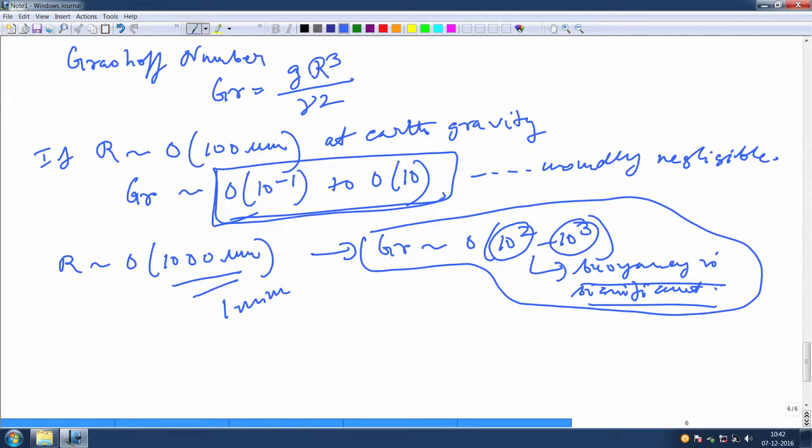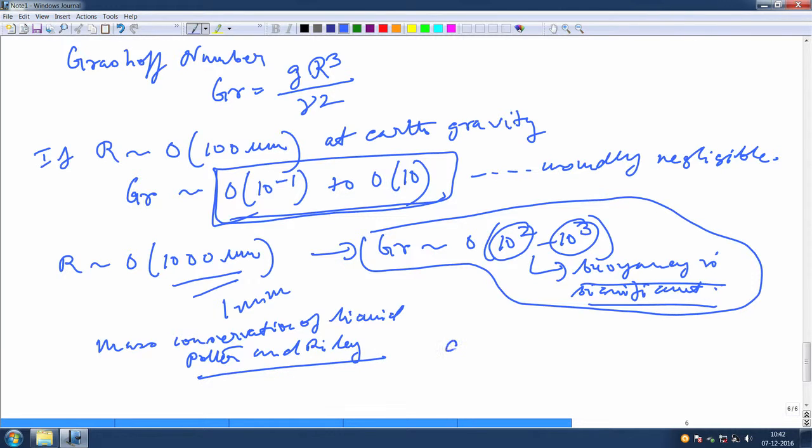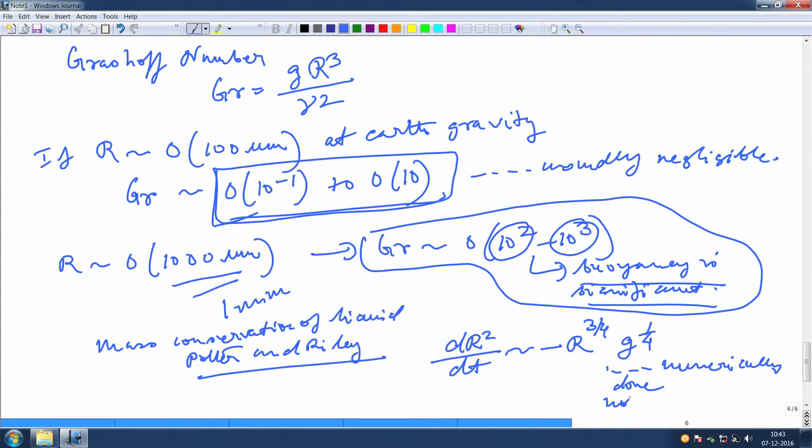Okay. So, from a mass conservation point of view, conservation of liquid point of view, there were two people called Potter and Riley. They found out from liquid mass conservation, they showed that this is the variation, in the case of, this is not a separated flow, this is numerically calculated, not a separated flow.